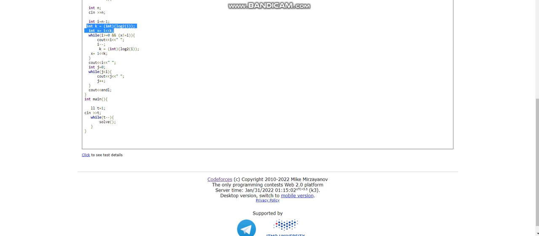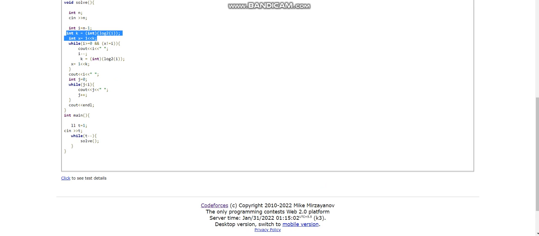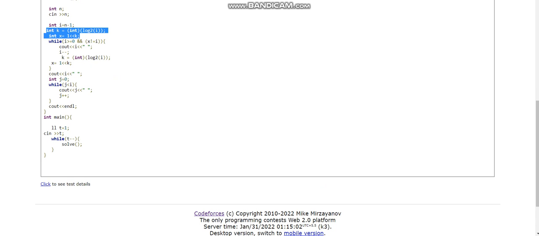Using this particular thing, you can find the leftmost set bit, like if we have the integer 110, you will get the integer x as 100, meaning the leftmost bit and the others are 0. So if your integer x is a power of 2 and its leftmost bit is equal to itself, then we can say that this integer is in the form of a power of 2, which we want to find, as I told you earlier.